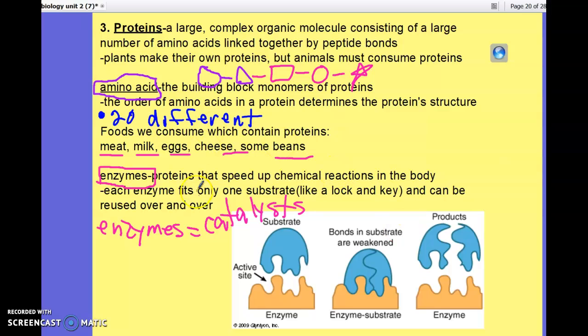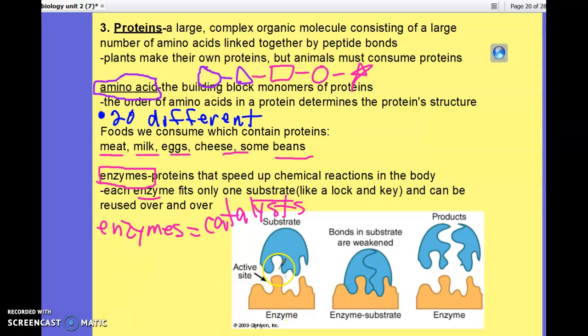Okay, so each enzyme fits only one substrate. Like a lock and a key that fit together, and you can't open the lock with a different key. It usually doesn't work. And different keys don't open different locks either. It has to be very specific, and it has to have that exact fit.